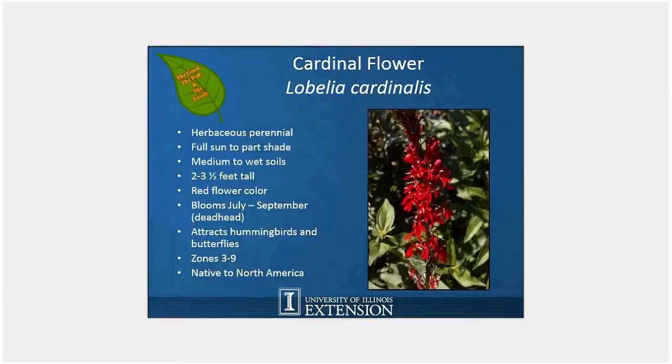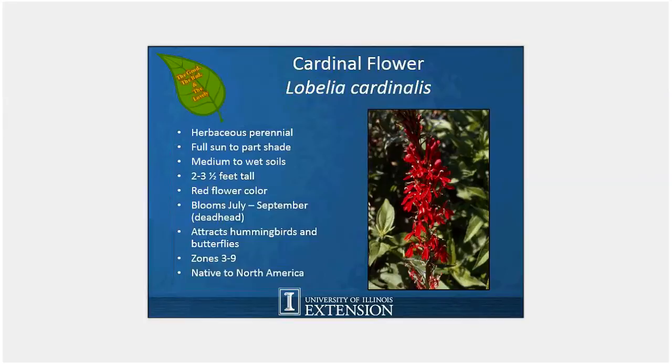The other plant that we chose was cardinal flower. Mainly because it can also tolerate the medium to wet soils that you found the Lythrum growing in. Full sun to part shade, about the same height, about 2 to 3 feet tall. This does have more of a true red color, where the Lythrum had more of a fuchsia pink color to it.